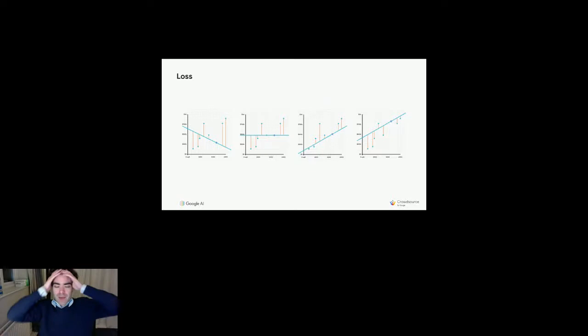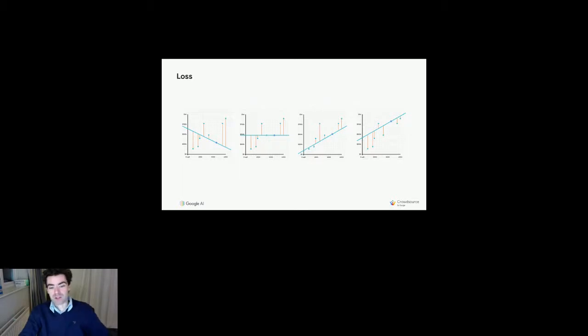So here we're going to deal with this later today. Loss. Now, as you can see, these are just very simple graphs with a line of best fit drawn between the points. And what you should be looking at here is whether these are good lines.